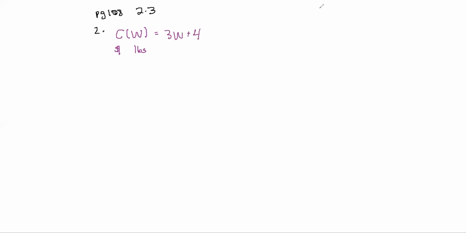It doesn't matter really right now what this is. It could be some extremely complicated polynomial that nobody wants to touch. The point is that cost is dependent on weight.